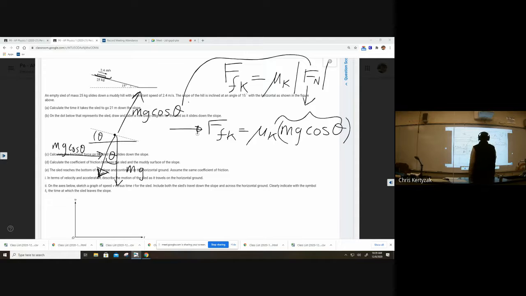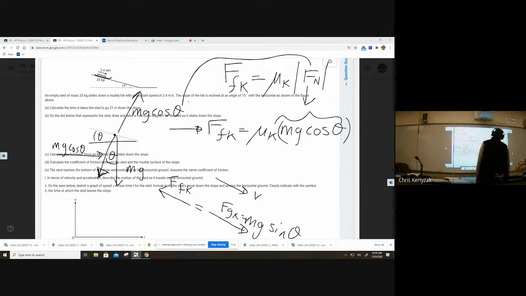But we just stated a moment ago that the sliding friction force in this direction, since it's moving down the ramp at a constant speed, must be equal to mg sine theta, which is the FGX component of gravity pulling it down. Those must be equal. So I should be able to set this whole thing equal to this whole thing, because I have an expression for this and I have an expression for FGX.